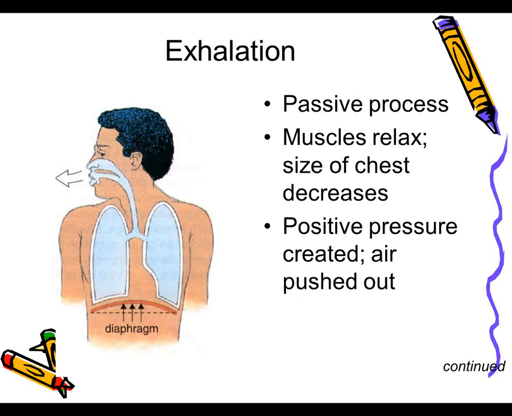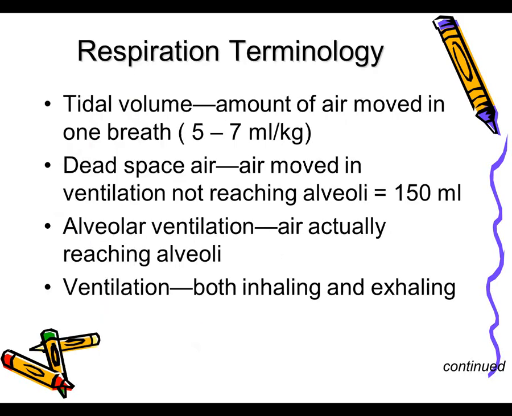Exhalation is a passive process. The diaphragm relaxes, the weight of the chest pushes the air out of the lungs. There's some terminology that we need to be familiar with when we're talking about shortness of breath. One is tidal volume. And tidal volume is the amount of air that you move in one breath, and it's normally 5 to 7 milliliters per kilogram of ideal body weight, not of real body weight.